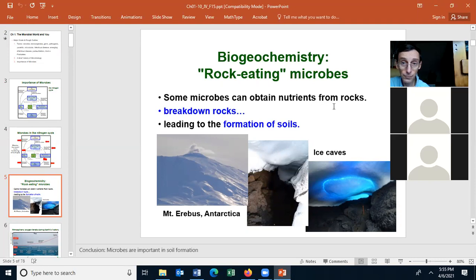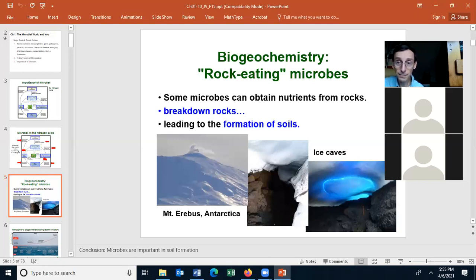The majority of rocks are converted into soil by erosion from wind and water, but microbes do make a significant portion of the soil. And it's just because certain microbes leach nutrients out of rocks and then break down the rocks, giving rise to soil. Any question about that?